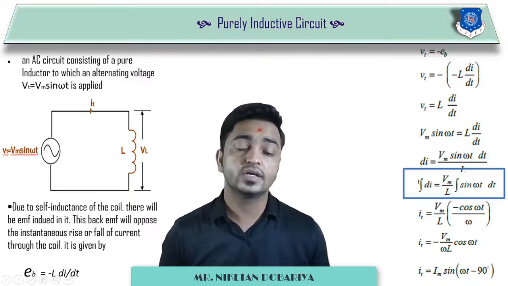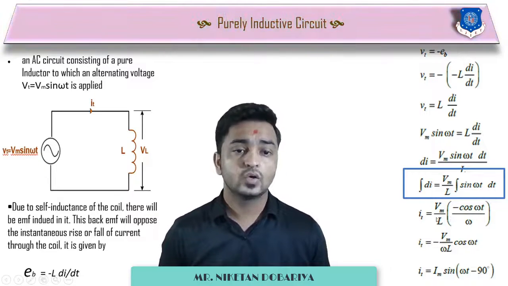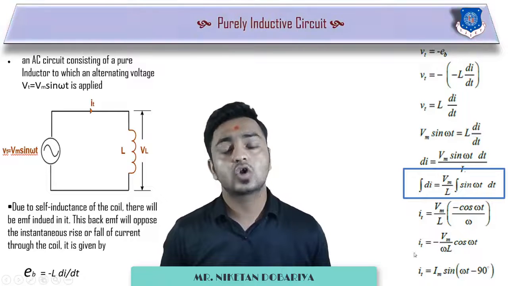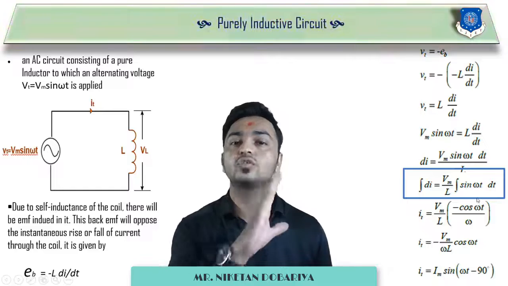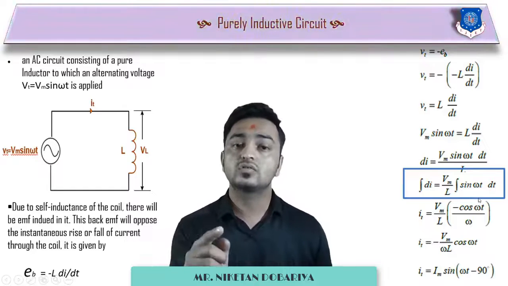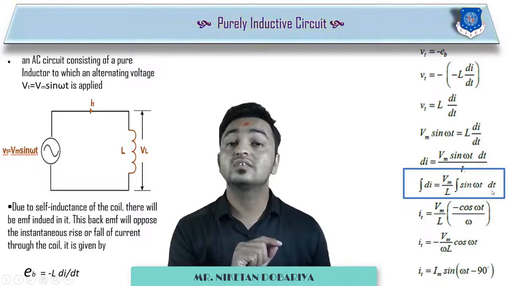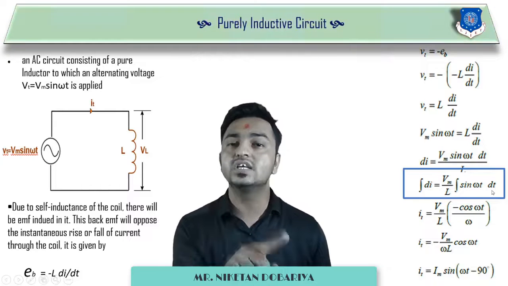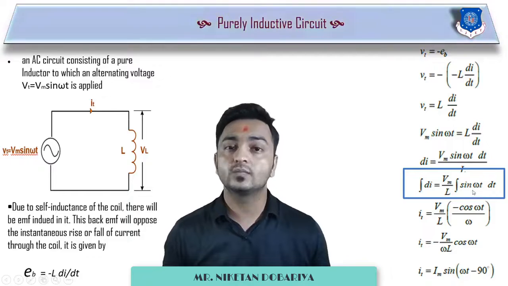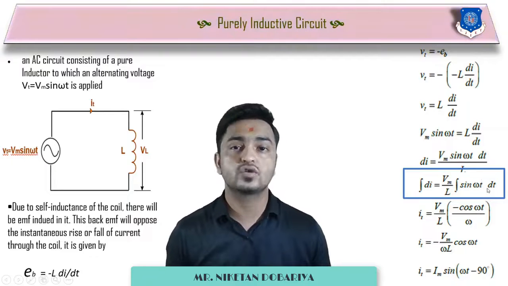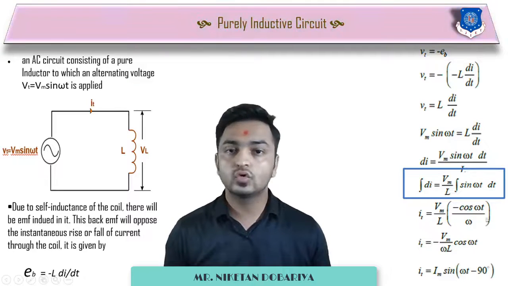So the integration of di is i, and here Vm by L is constant. The integration of sine omega t is nothing but minus cos omega t, but here this is with respect to dt. In the angle we have the omega t term, so this omega, which is a coefficient of t, is going to be in division here.